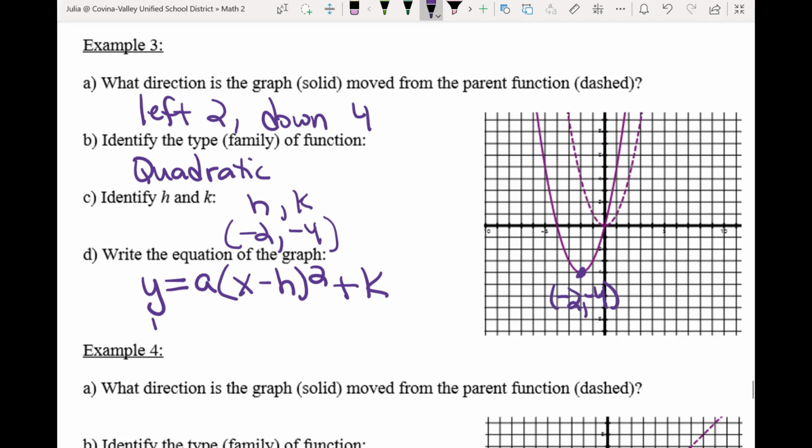All right, y equals a is positive 1 because it's going upwards. What goes inside parentheses? So it would become x plus 2, and then it's squared. Now don't automatically make a positive k. You keep the sign of the k.